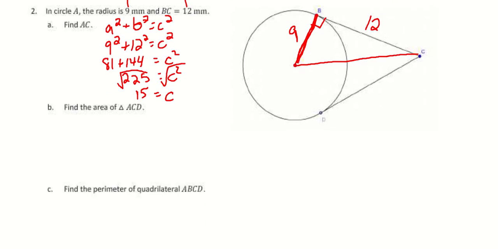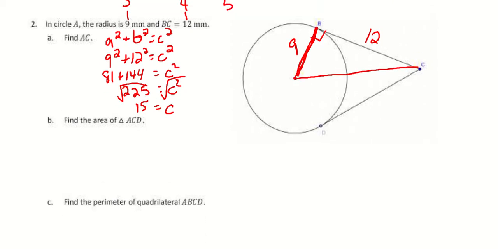All right. And then we want to find the area of triangle ACD. So just remember that these two lines, BC and CD, because they came from the same point, right? They're equal. So this side is also 12. All right. We know this is 15 now, and we know that these two radii are equal, so this is 9.